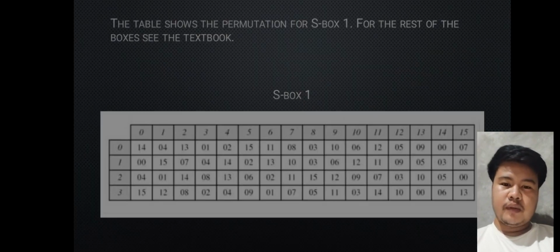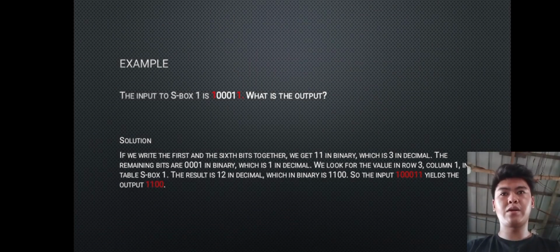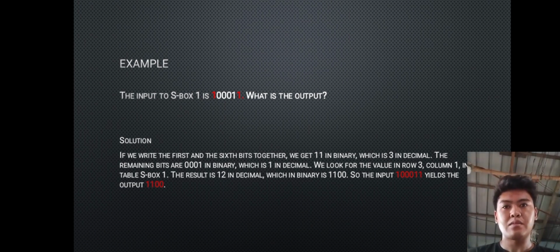Example: the input to S-box 1 is 100011. What is the output? Here is the solution. If we write the first and the sixth bits together, we get 11 in binary, which is 3 in decimal. The remaining bits are 0001 in binary, which is 1 in decimal.